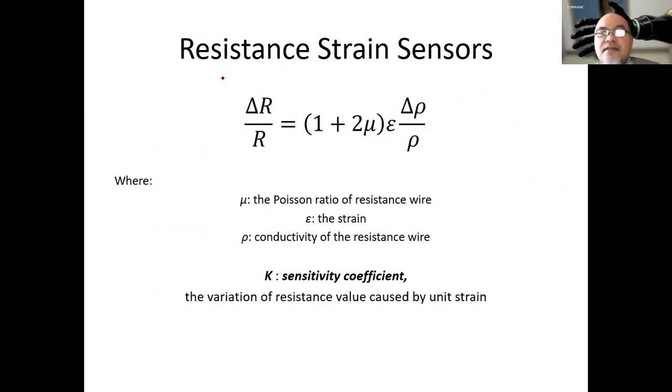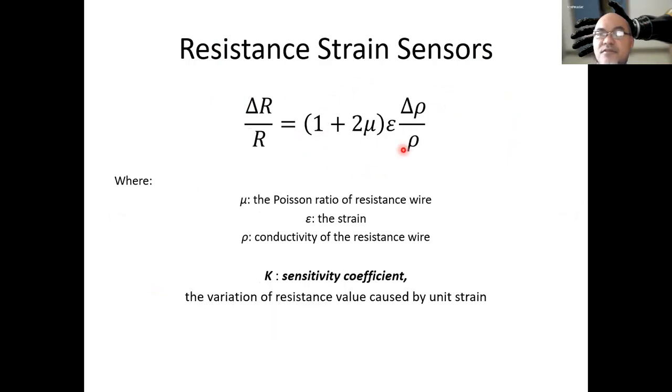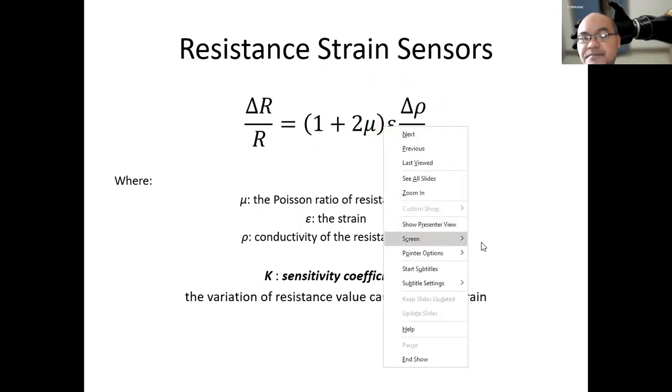Based on that, the resistance change, and the relative resistance change to the initial resistance, delta R over R, can be calculated using this formula, which of course you could also derive, based on the original formula, R equals rho L over A.